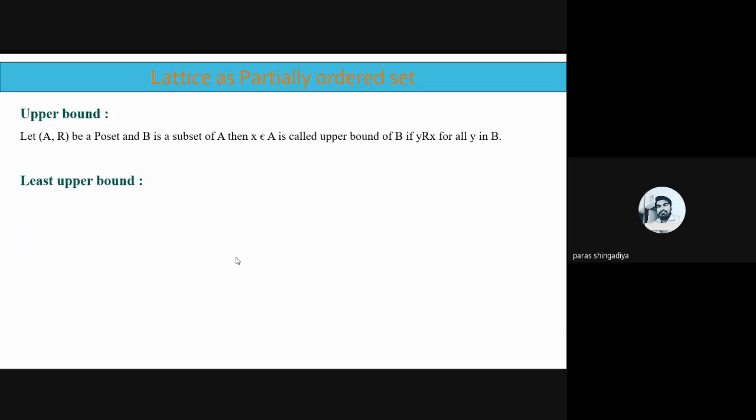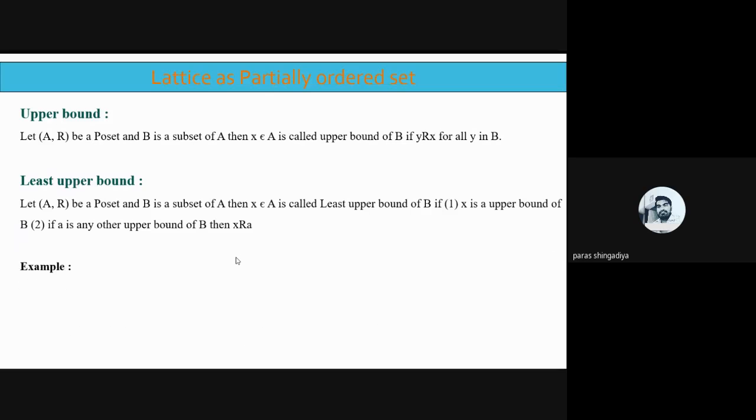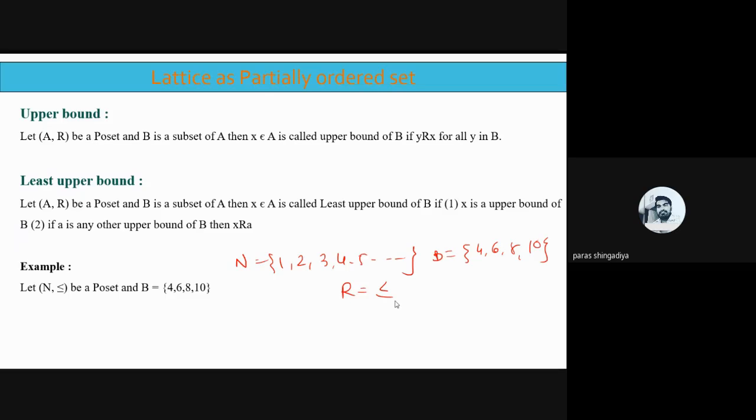Clear? So let us consider one example that is similar to the example we discussed in the lower bound case. N, less than or equal to, is a poset and B is the same here: 4, 6, 8, and 10. Okay, and the values of N include 1, 2, 3, 4, 5, and so on. This is B here: 4, 6, 8, and 10. Okay, and R is less than or equal to, and you have to identify the upper bound here.